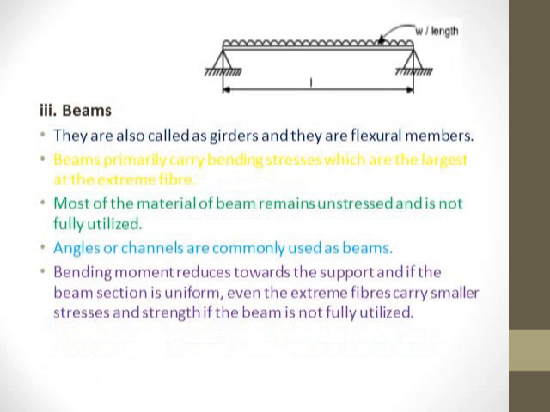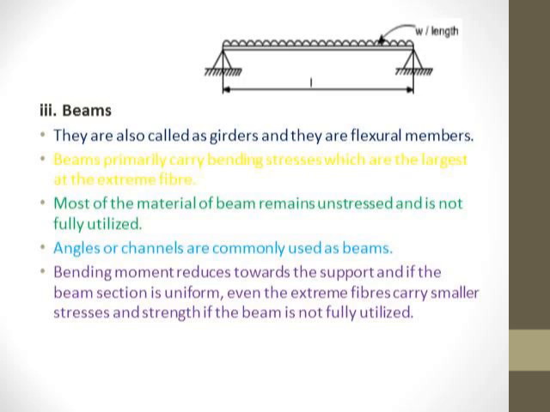Now the next member is the beam. Beams are also called girders, and they are flexural members. Here a simple beam with UDL is shown, a simply supported beam of length L. Beams primarily carry bending stresses which are largest at the extreme fibers. Most of the material of the beam remains unstressed and is not fully utilized.